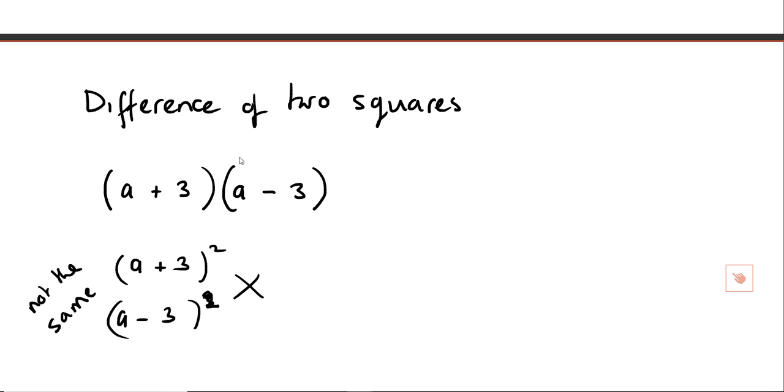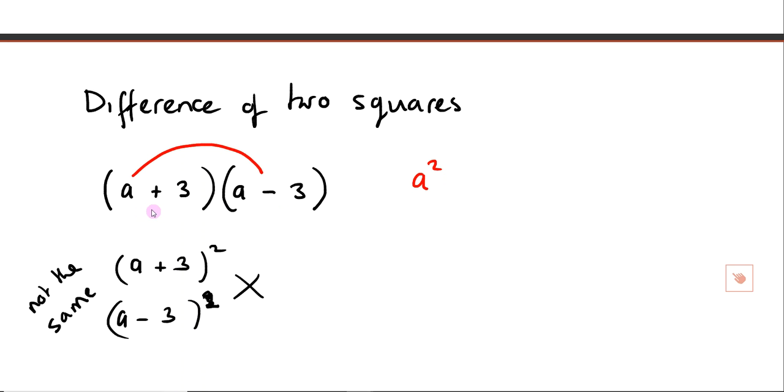What is different is what happens after you've expanded the brackets. I'm going to ask you to do that for yourself now. Remember your FOIL, or adding and subtracting. Expand that and tell me what you notice. Right, let's have a look. Firsts are a squared.